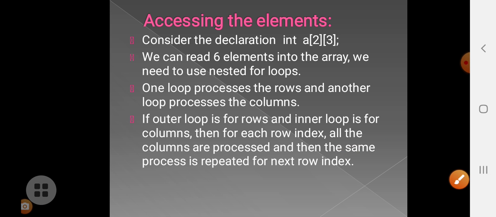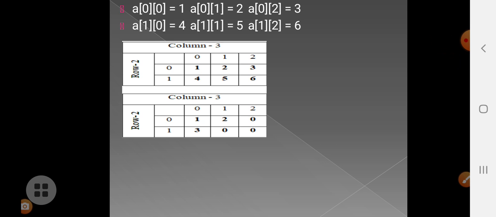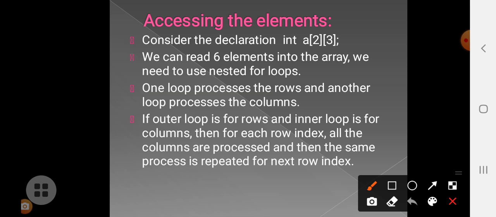Next is how we access the elements. Consider the declaration integer a of 2 cross 3. Here we can read 6 elements into the array. 2 cross 3 is how much? 6. So 6 elements we have to read into the array.